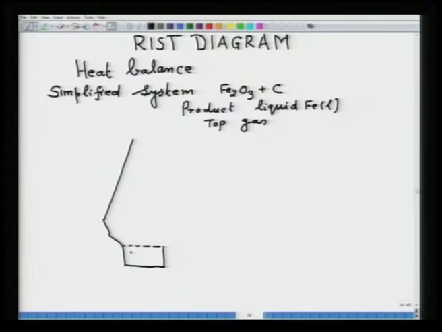This is the hearth, this is the bosh, this is the belly, though my objective is not to tell you the design of the blast furnace, and this is the stack region of the blast furnace. This is the stack.